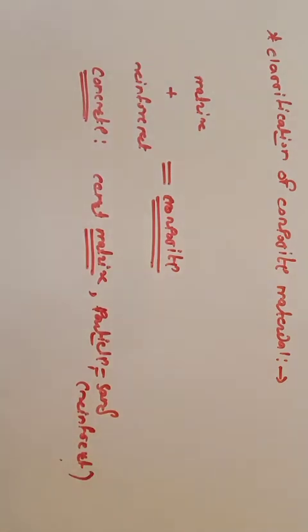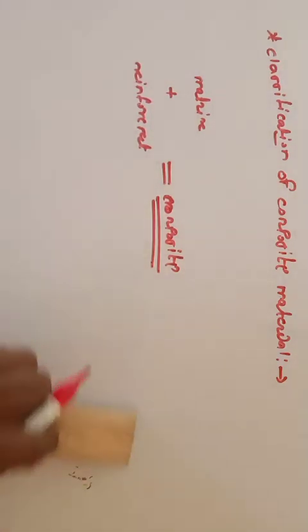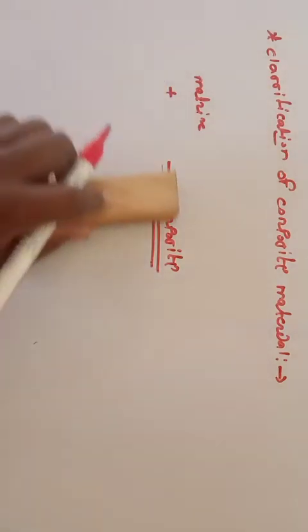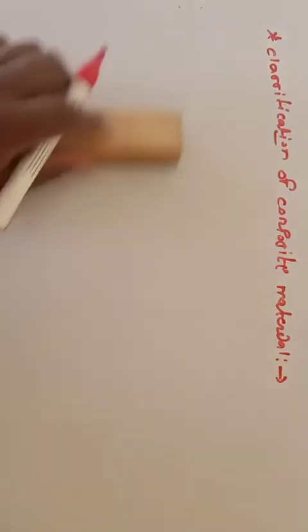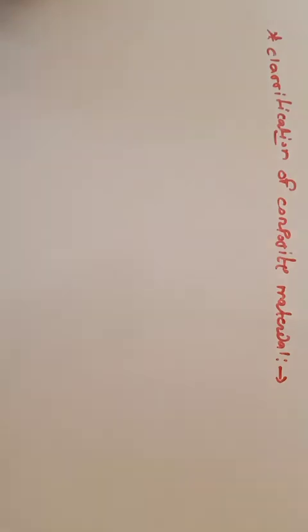So at least you should know that matrix and reinforcement combine to give the composite material, and we already discussed that the matrix and the reinforcement have individually different physical and chemical properties. When they combine to form a new material called composite, every individual, that is matrix and reinforcement, retains its properties.